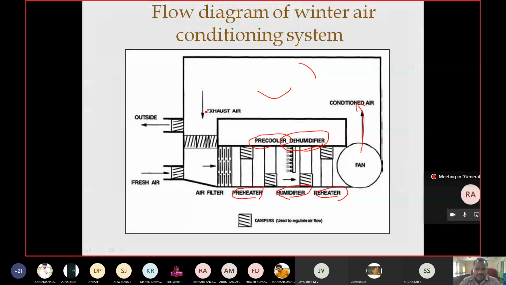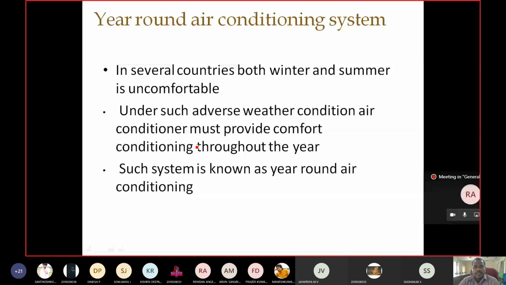Then the exhaust air, the outlet, is again circulated in the air conditioning. These dampers are used to regulate the airflow. So to regulate the airflow, we need dampers. All other components and applications are the same except the heating coils.